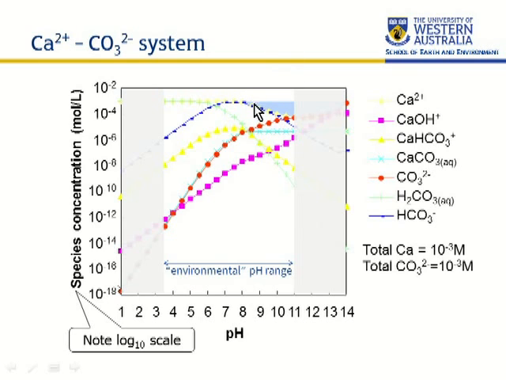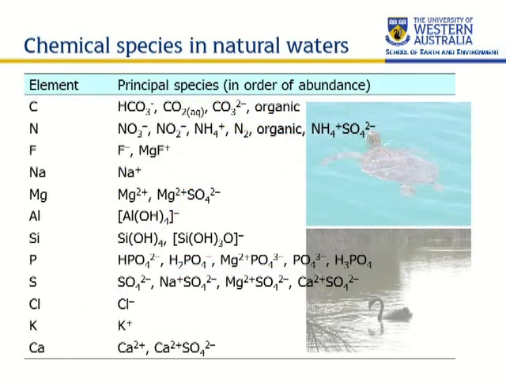But we can see from that in theory, at least, depending on the overall concentrations of various things, and we usually have to fix concentrations of our components for a calculation like this, we can see that calcite precipitation is quite likely under many environmental conditions and starts to occur in theory at about pH 8.